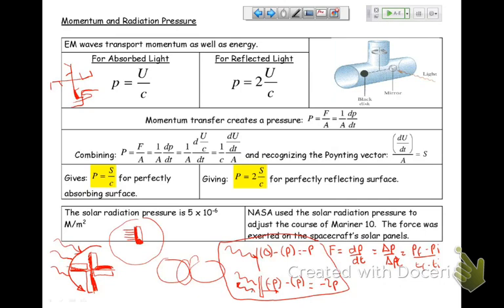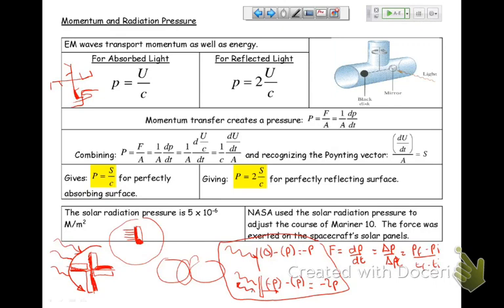And then pressure is F over A, which equals 1 over A dP by dt, which equals 1 over A du over c by dt, which equals 1 over c du by dt over A. And recognizing the Poynting vector, that this is the Poynting vector S, so pressure is equal to S over c, or if it's a reflective surface, pressure is equal to 2S over c. And S was equal to the intensity.